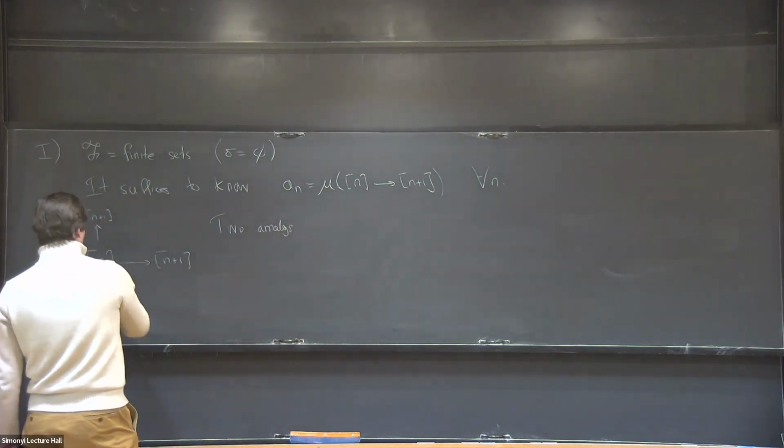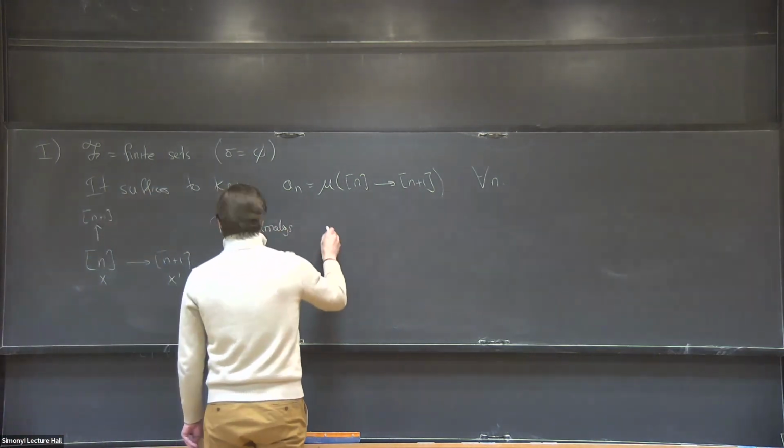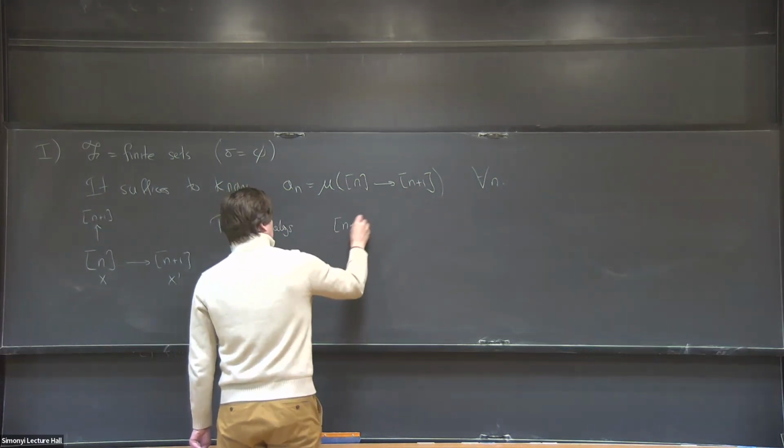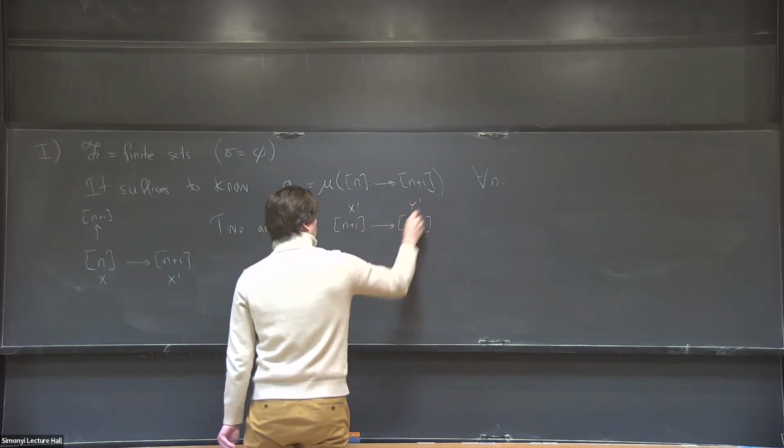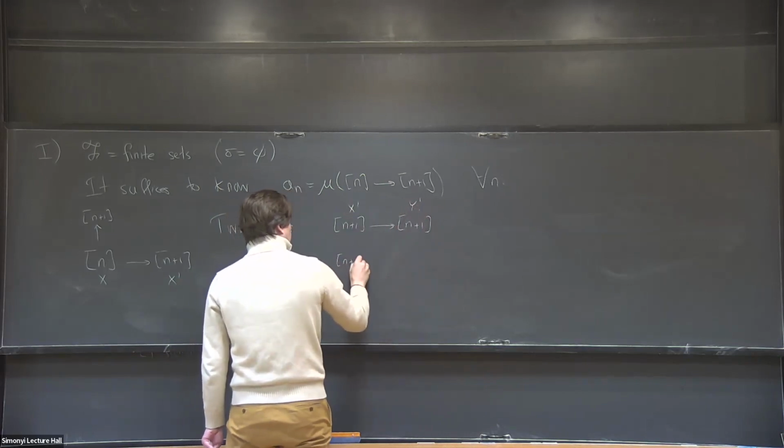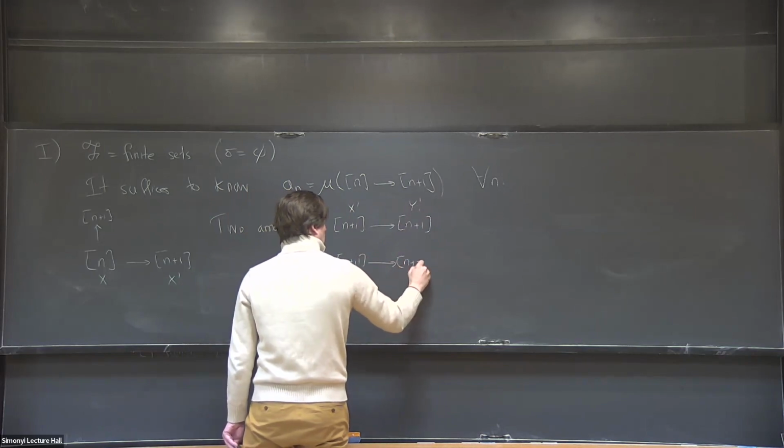So like usual, we call this x and x prime. So one is n plus 1 going to n plus 1. So this is my x prime and this is my y prime 1. And the other is n plus 1 going to n plus 2. So here's x prime and here's y prime 2.